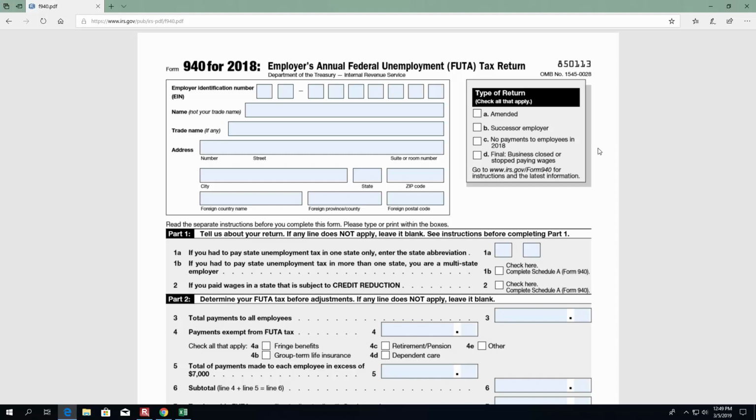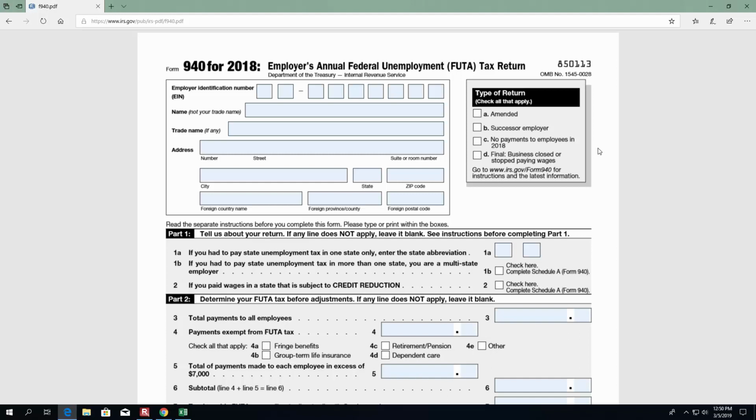So what we need to do, let's just go over what the 940 is. A 941 is for small businesses, right? No, the 940 is for FUTA, which is what we're going to be studying in chapter 5.